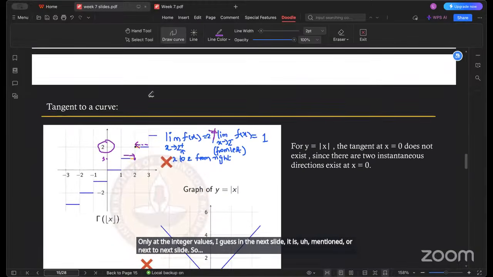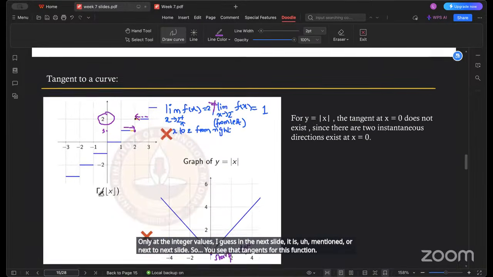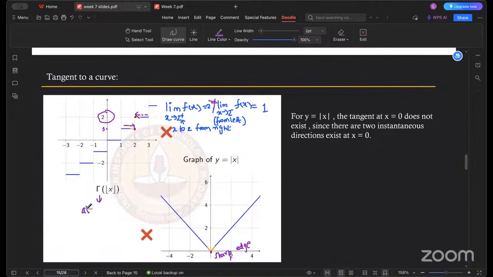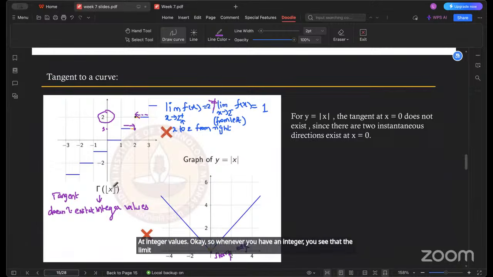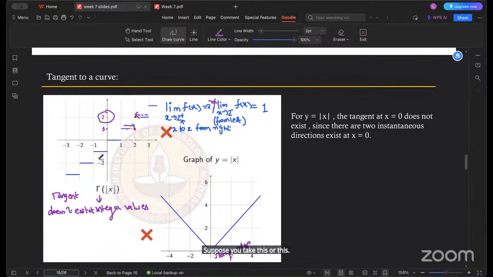So you see that for this function, the tangent does not exist at integer values. Whenever you have an integer, you see that the limit does not exist and hence you don't have a tangent. But otherwise, suppose you take any such points, they have tangents.